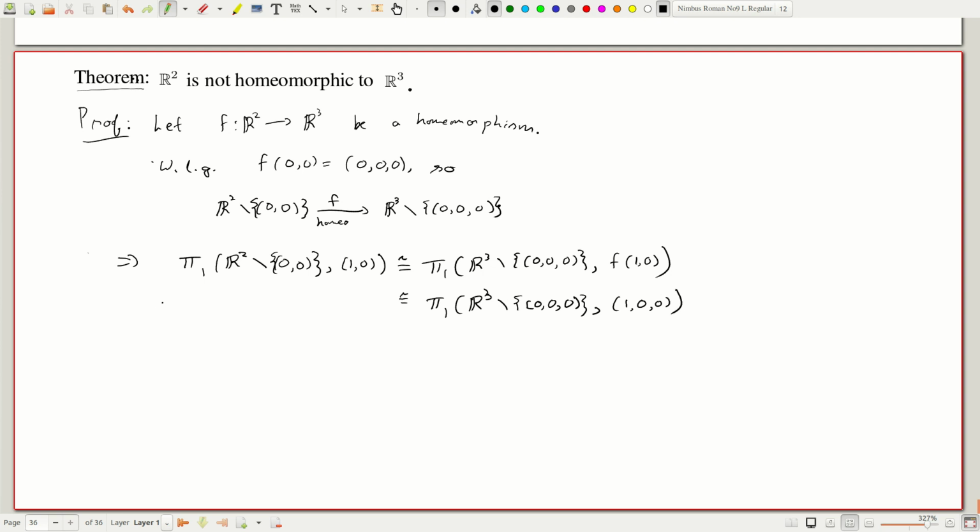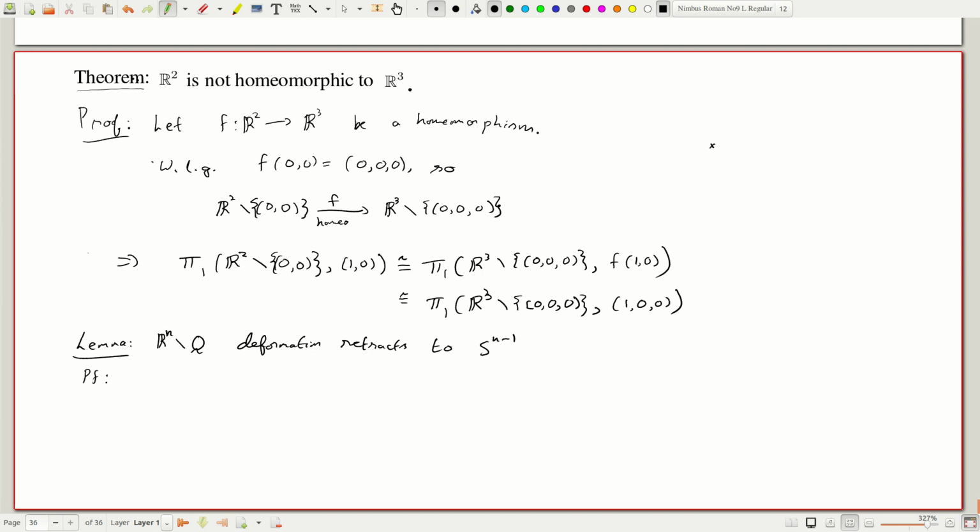And now, what are these isomorphic to? Well, R2 minus a point. So here's a little lemma. Rn minus the origin deformation retracts to Sn minus 1. And this is easy to prove.